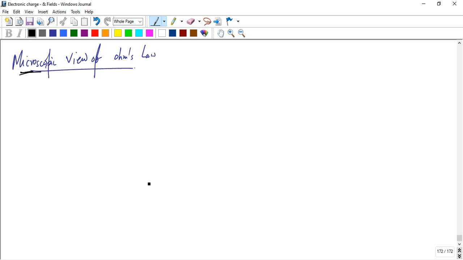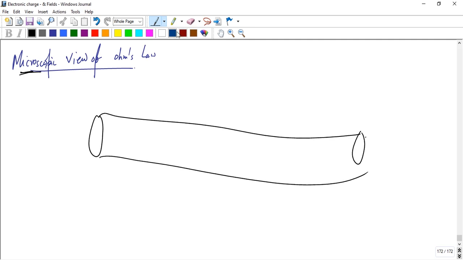If I choose a conductor, a wire, before applying an electric field or potential, there is a free charge carrier, and that free charge carrier moves randomly without an applied electric field. There's a velocity here. These velocities are random, you know that is Brownian motion. It moves haphazardly, and this speed is called the effective speed.